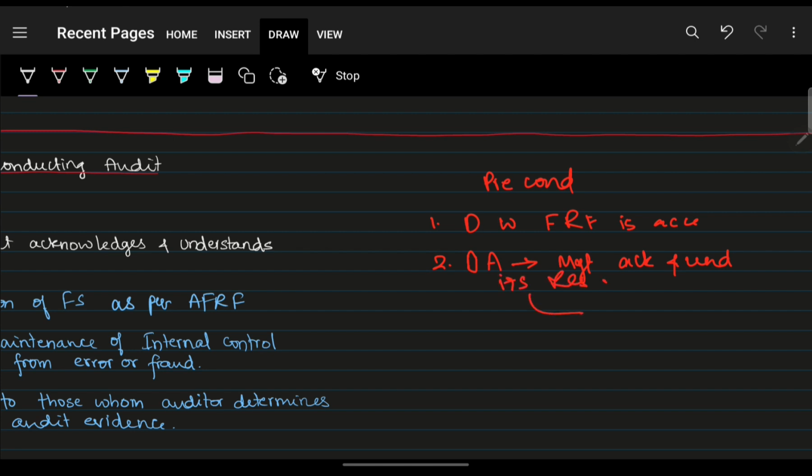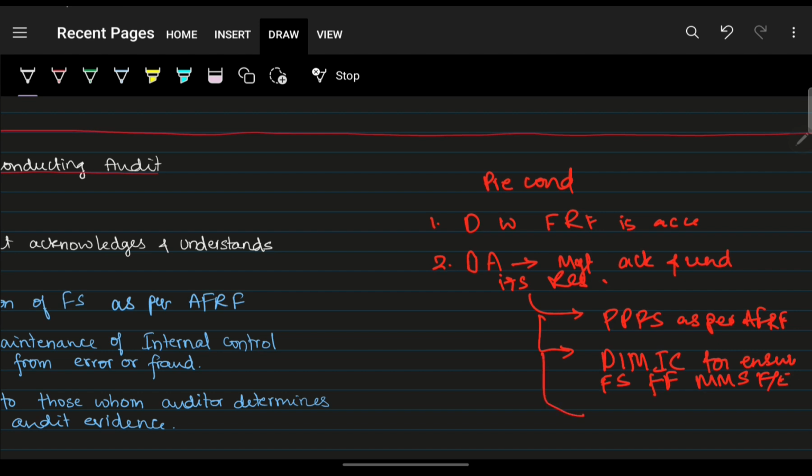What are its responsibilities? Firstly, preparation and presentation of financial statements as per the applicable financial reporting framework. Second, design, implementation and maintenance of internal control, so as to ensure that financial statements are free from material misstatement, whether due to fraud or error.